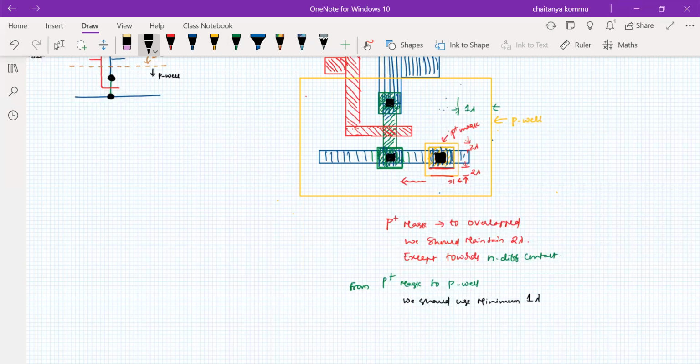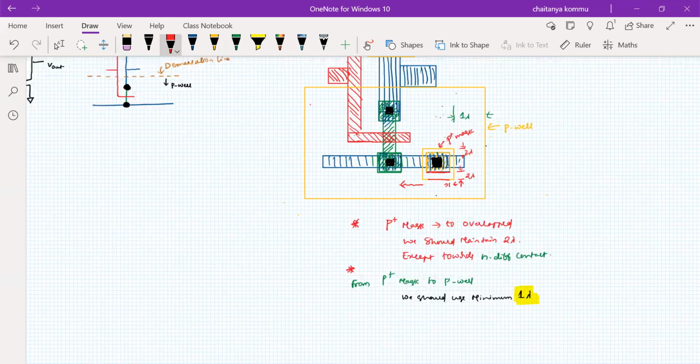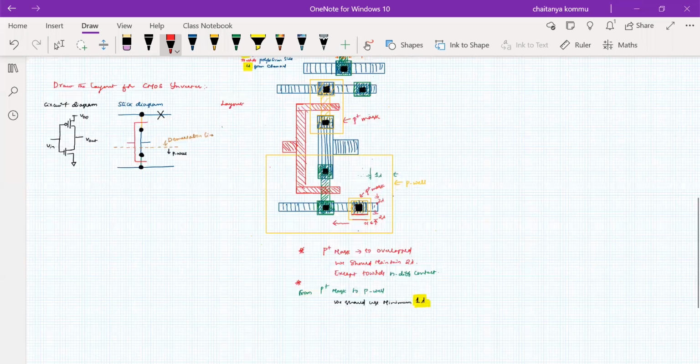Maximum can be anything. But the minimum should be 1 lambda. Okay. So these are the design rules that we have to follow, in addition to the normal rules. So this is what we have to carefully understand. Okay, so these are the CMOS design rules.